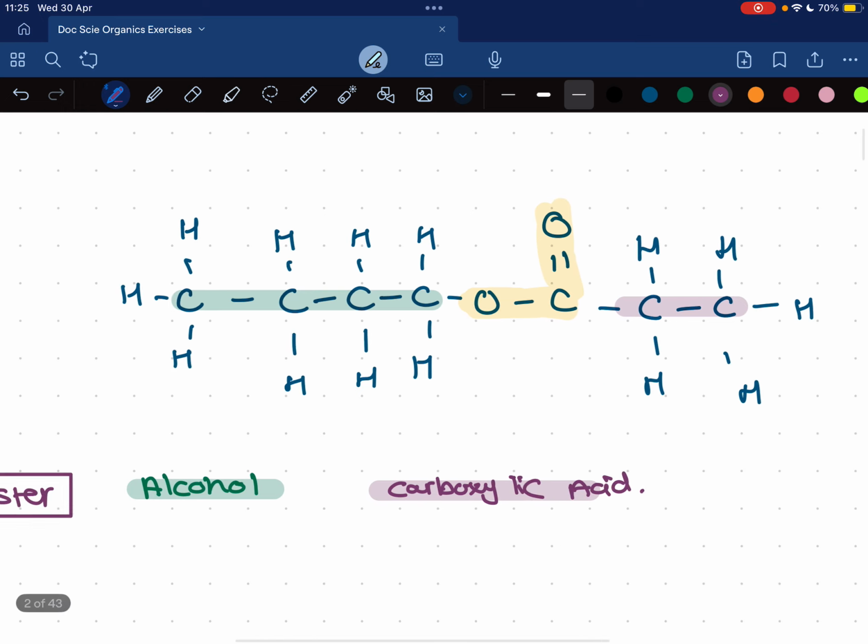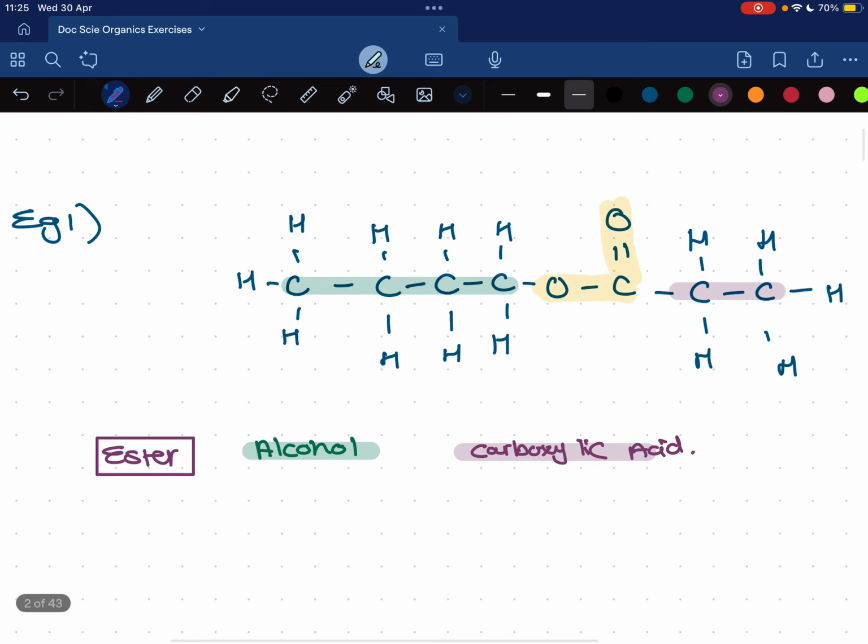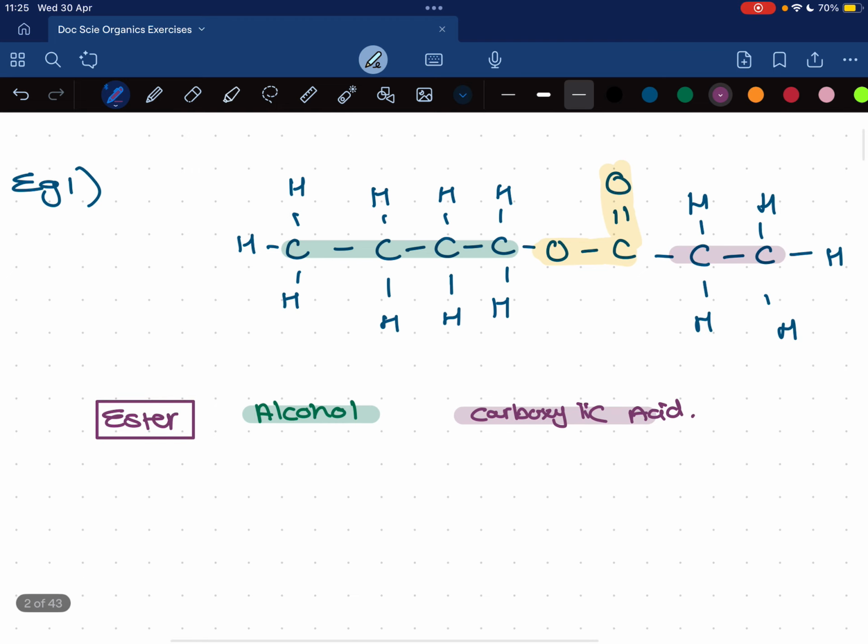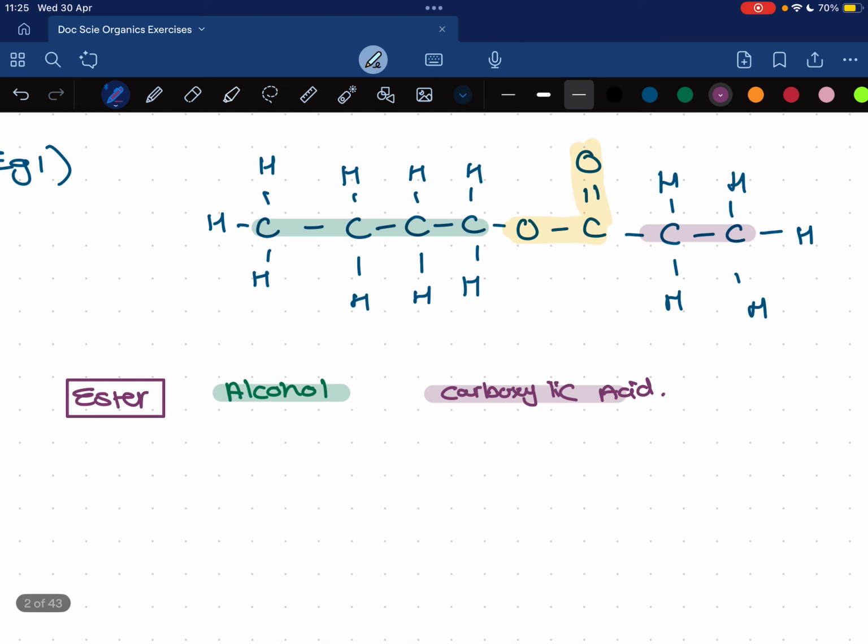Okay, so when we number it and we're going to name it, we're going to obviously number closer to the functional group. In this case, we're not really too worried. You won't get any side chains or anything like that with the esters. But we notice that the longest carbon chain for the alcohol is 4 carbons, which would make it butanol.